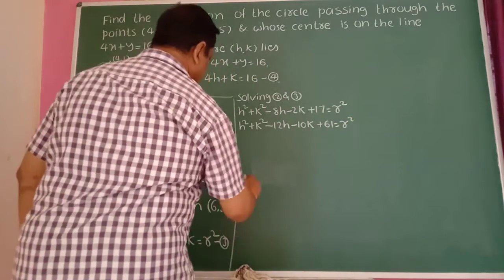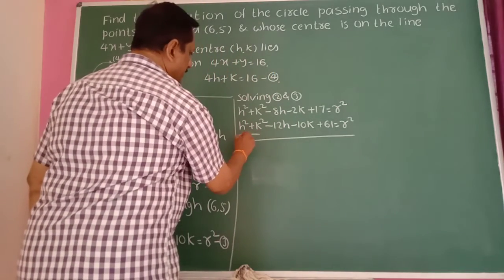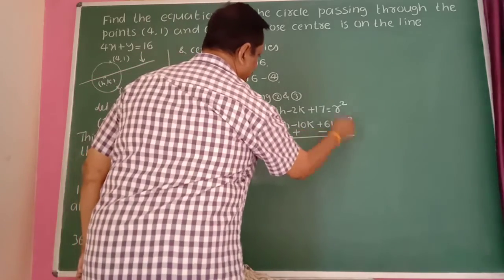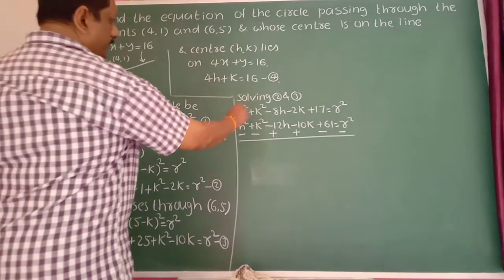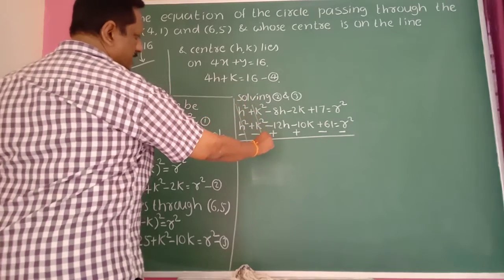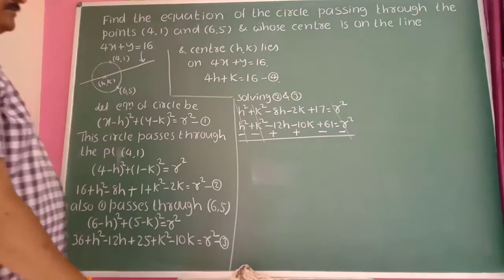Then change the sign here. h² minus h² cancels, k² minus k² cancels, r² minus r² cancels.